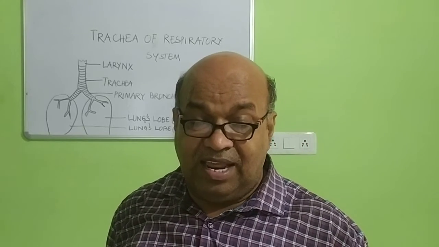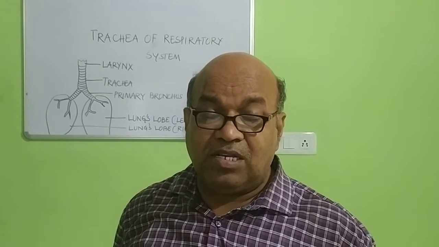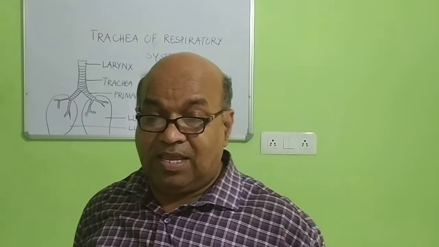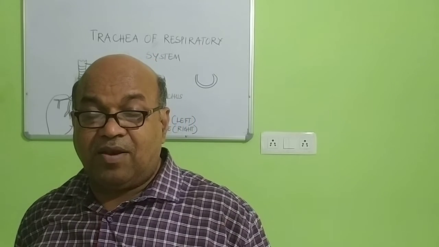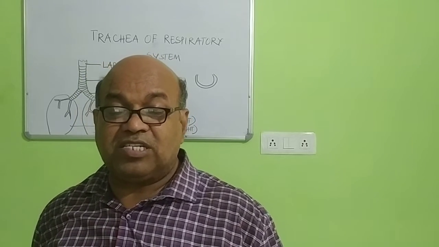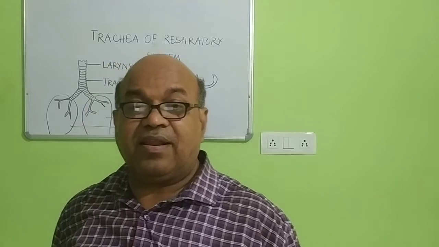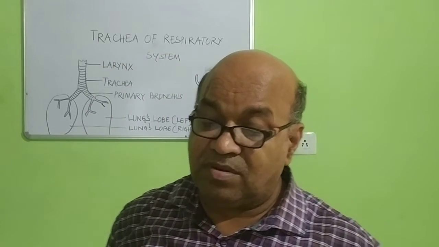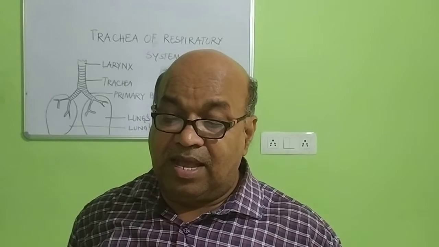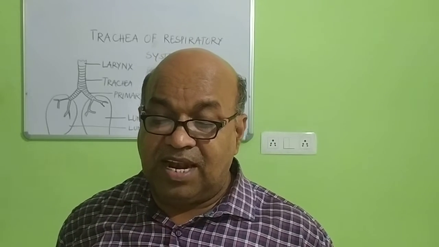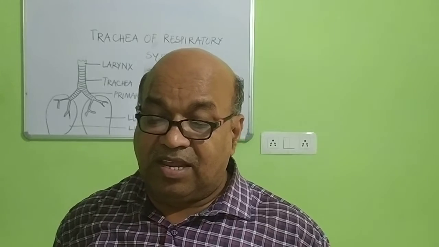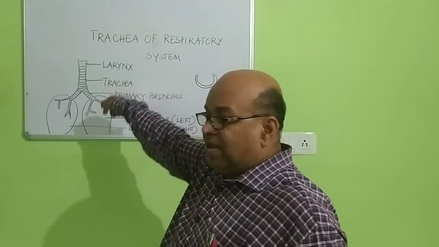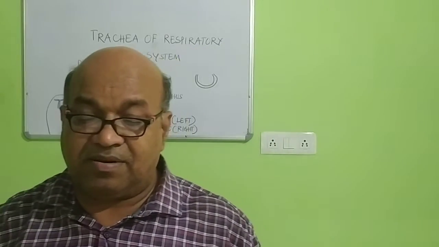At the internal lining layer of the bronchi you find ciliated epithelial cells, which undulate and allow dry and warm air to come inside the lungs. If dust particles remain, they will be filtered off. Each primary bronchus enters a lung.